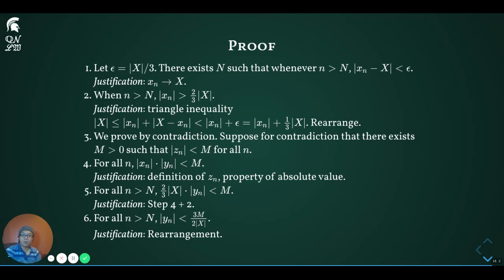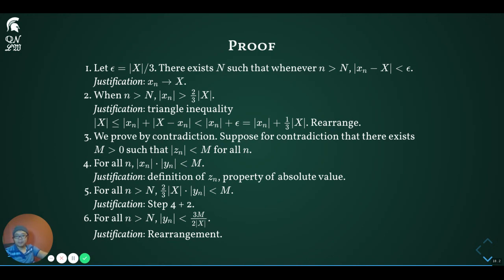This means that 2/3 the absolute value of capital X times the absolute value of y sub n is less than M. Since capital X is not 0, we can divide by it. And this shows that when the index is past capital N, the absolute value of y sub n must be bounded by 3M divided by 2 capital X.